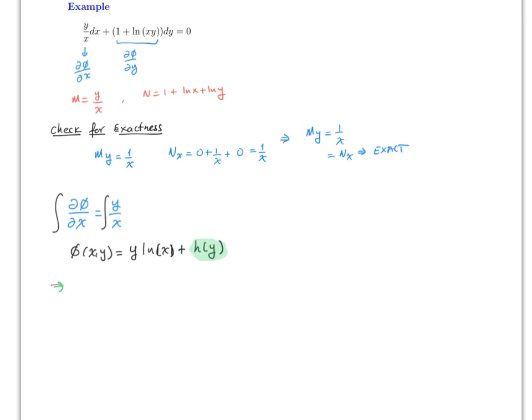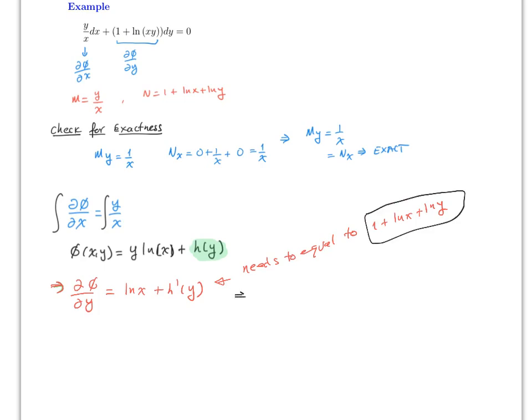So therefore, the partial of phi with respect to y, in this particular case, will be ln x plus h prime of y. And remember, this needs to equal 1 plus ln x plus ln y.